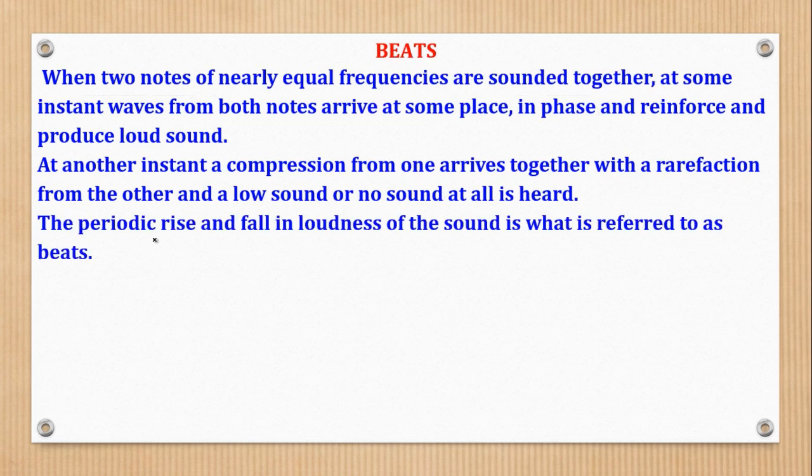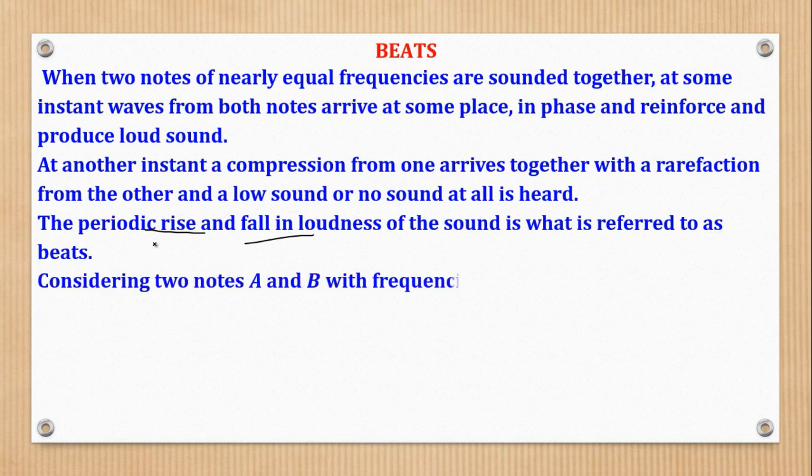So that means that there will be a periodic rise and fall in the loudness of the sound, and that periodic rise and fall in the loudness of the sound is what we call beats.